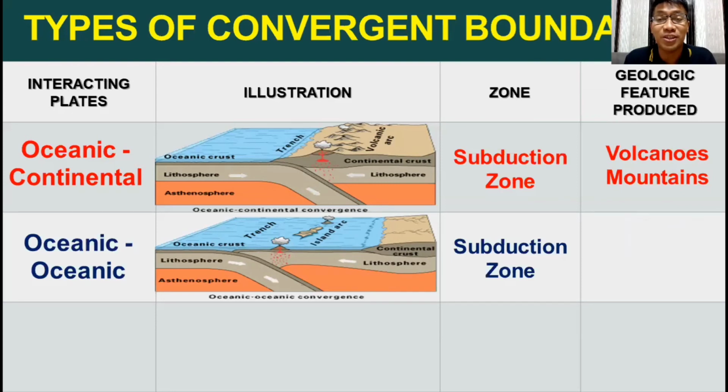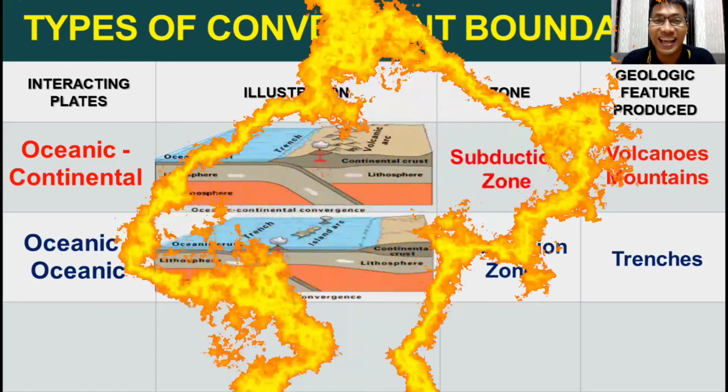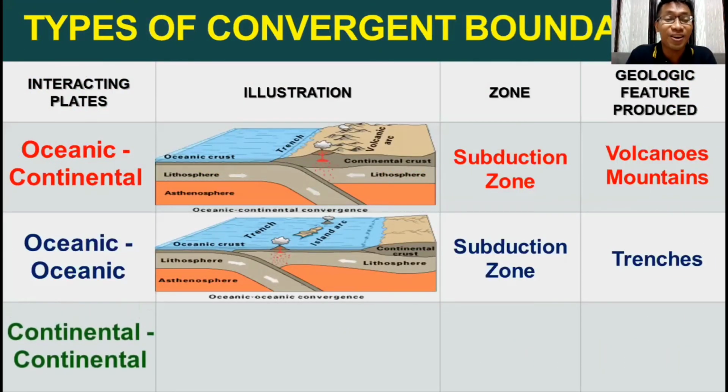And the geologic feature produced in this interaction are oceanic trenches. But actually, it can also produce volcanoes and mountains under the sea. Kaya naman, totoo na meron talagang volcano sa ilalim ng karagatan. Third is continental. Two continental plates interacting to one another.